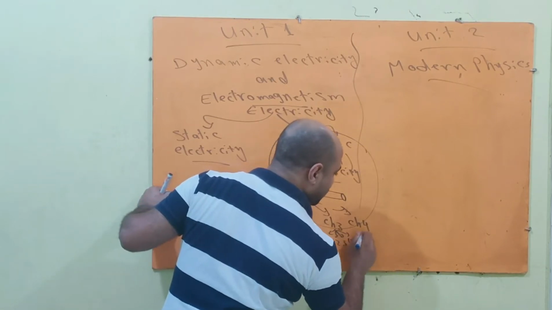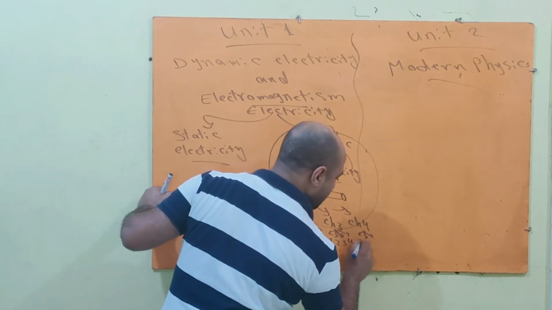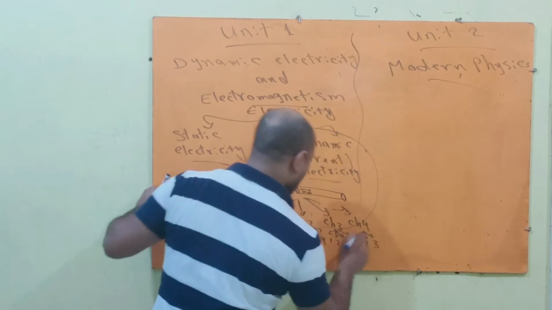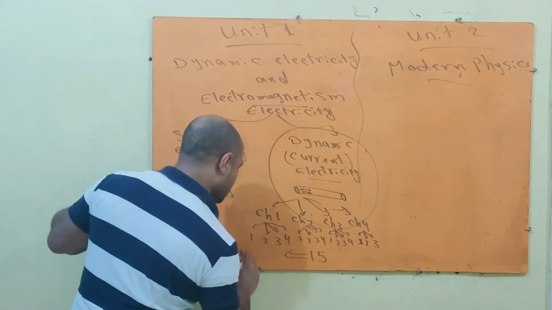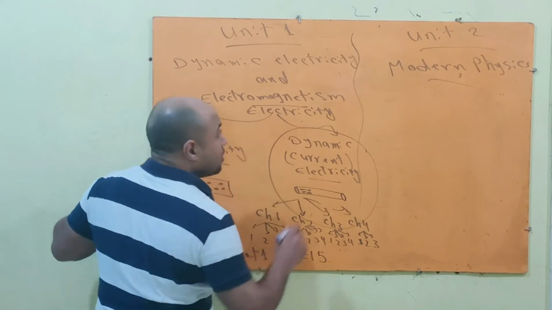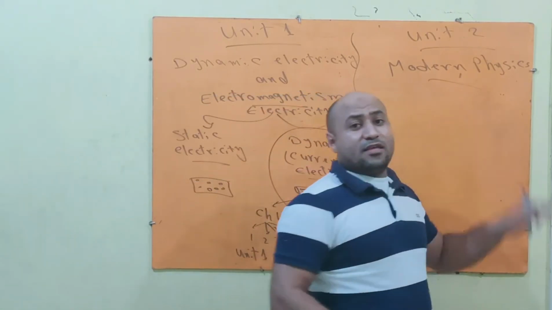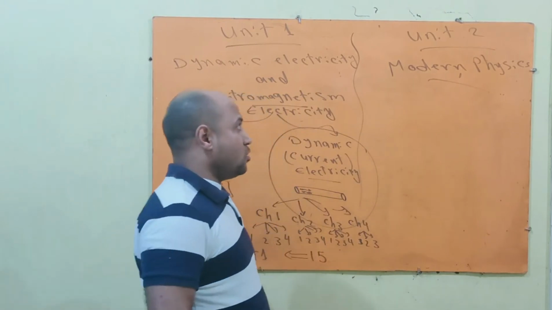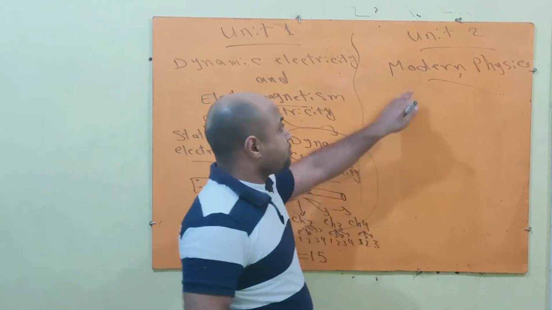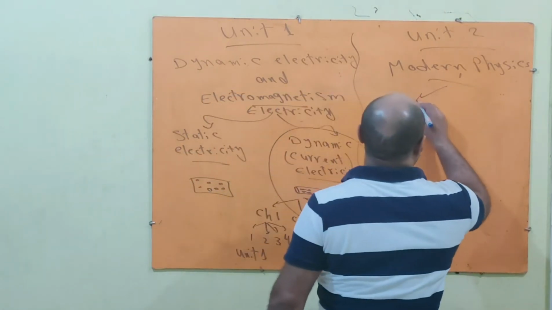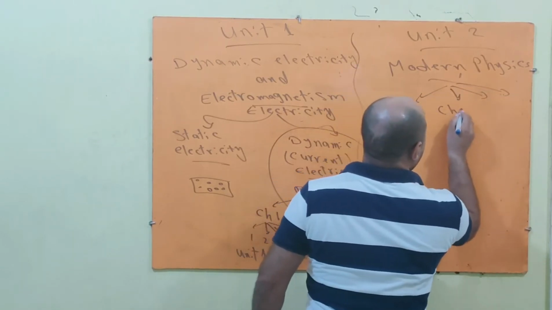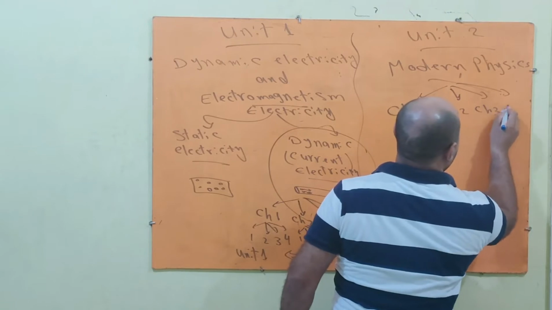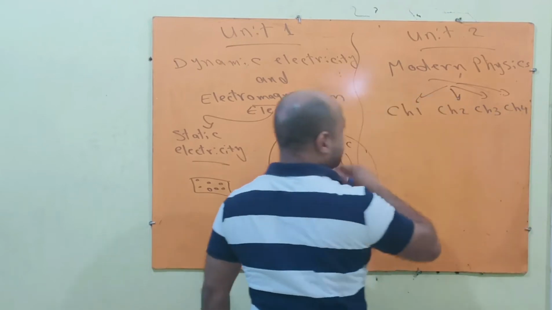And Chapter 4, 3 lessons. So we have 15 lessons in Unit 1. Unit 2 in physics in third secondary stage also includes 4 chapters: Chapter 1, Chapter 2, Chapter 3, and Chapter 4.